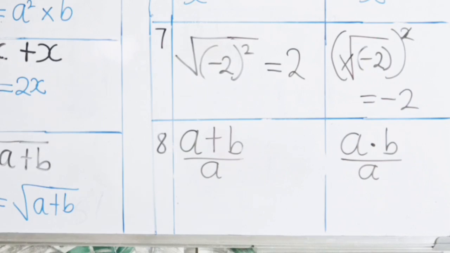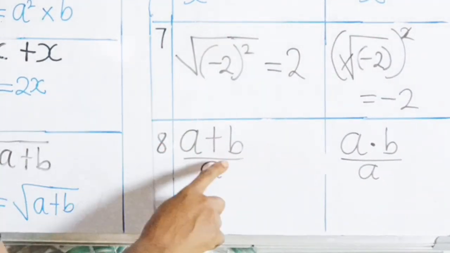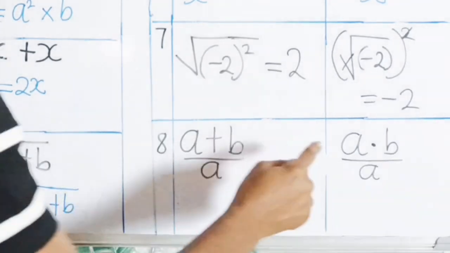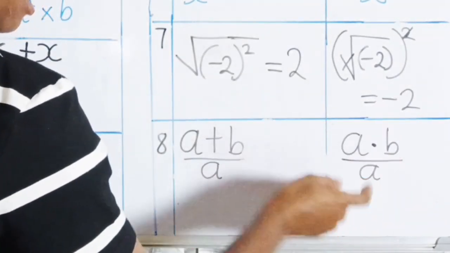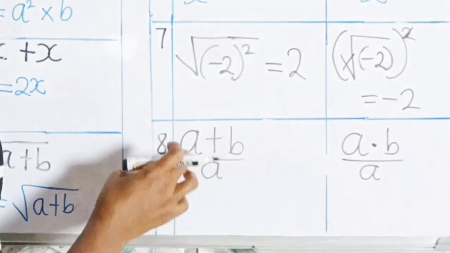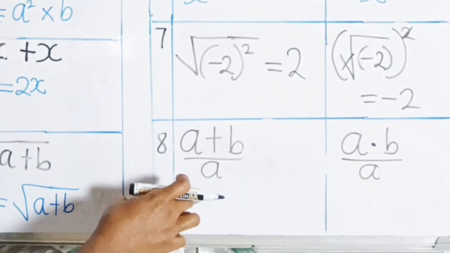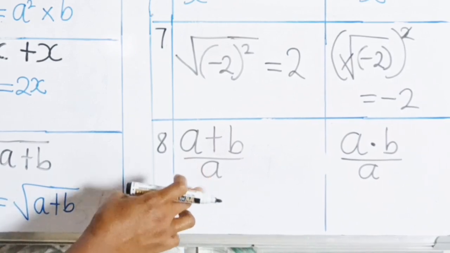Now let's look at number 8. In this case, we have a plus b divided by a, and then where we have a times b divided by a. They are not the same. Now, in this very one, a plus b, a and b share a common denominator, so we can split the fraction.